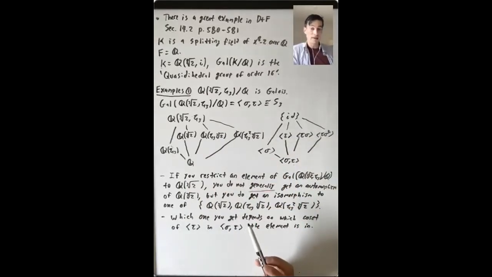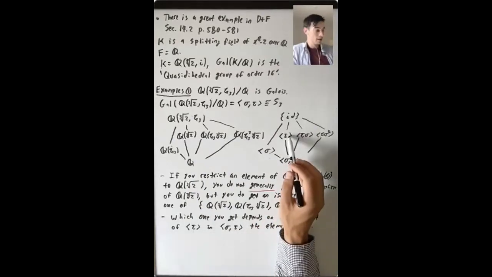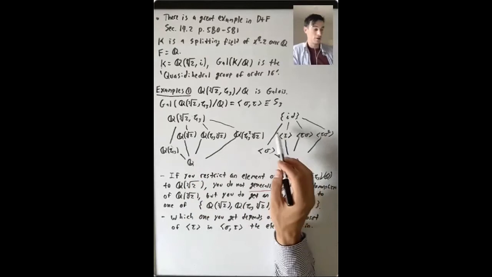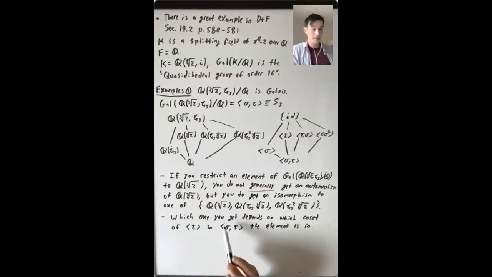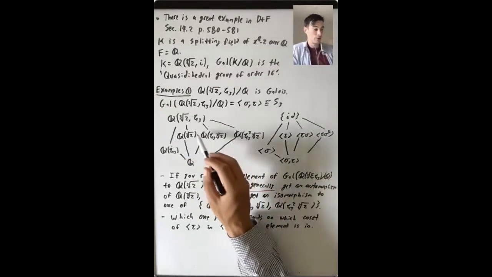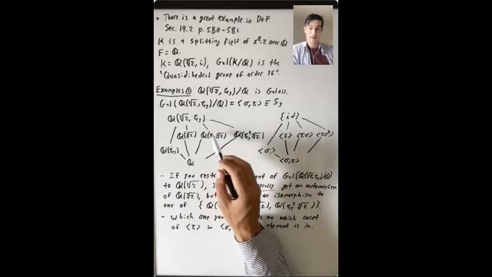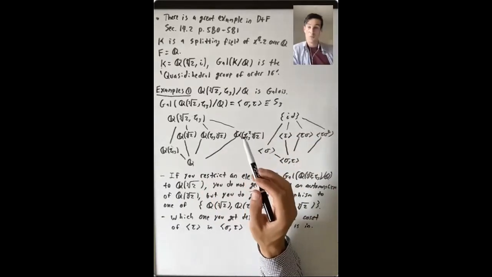Which one you get depends on which coset of the subgroup generated by tau, the subgroup corresponding to this field under the Galois correspondence, this element is in. So you take an element in here, you restrict it to this field, you get an isomorphism to one of these three conjugate subfields. Which one of those three?